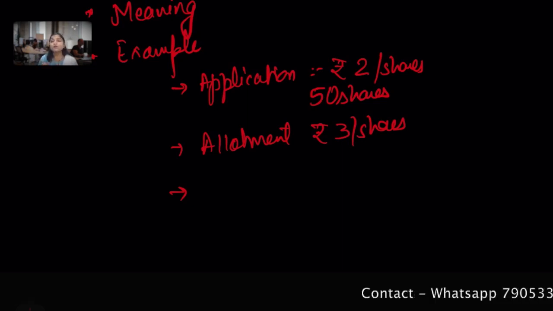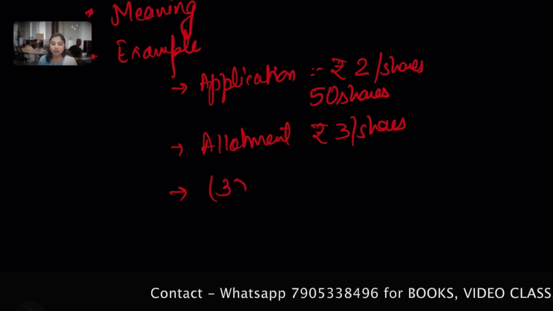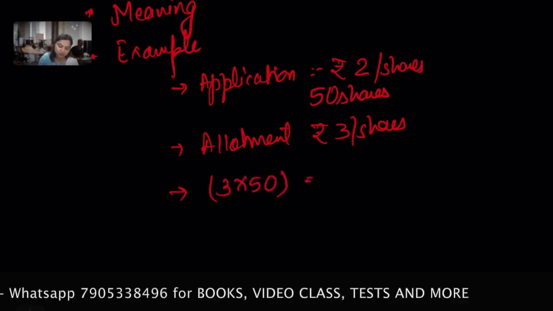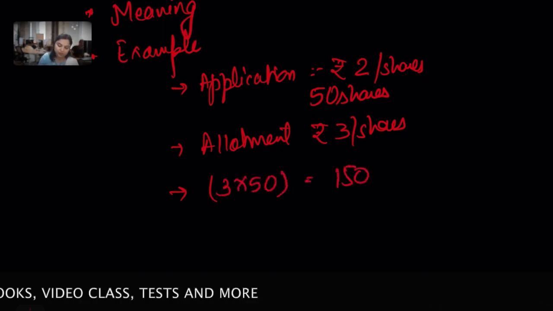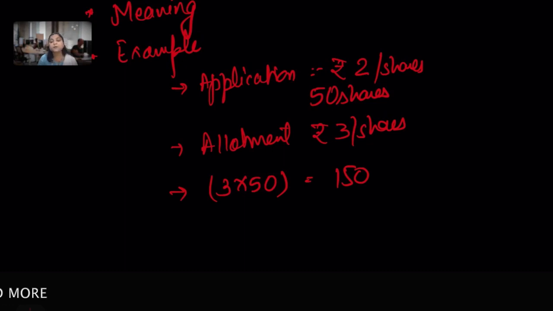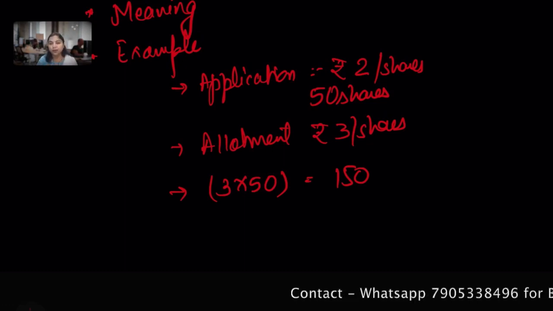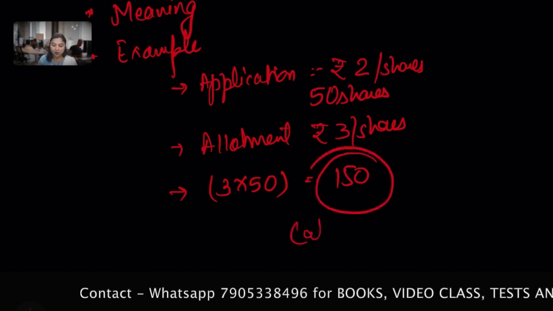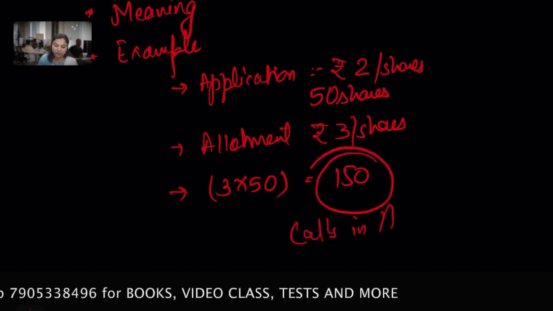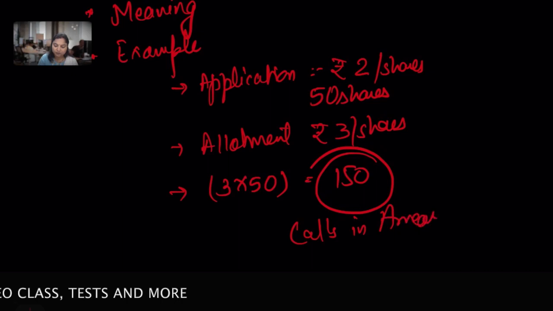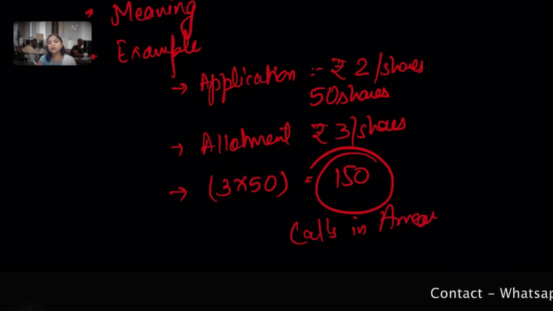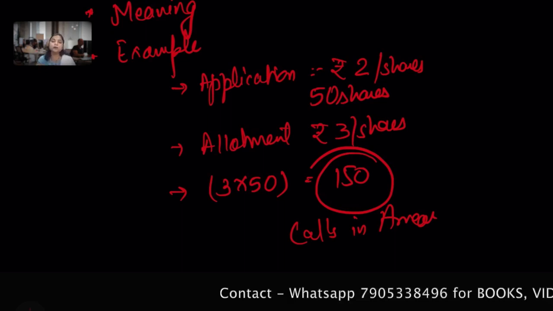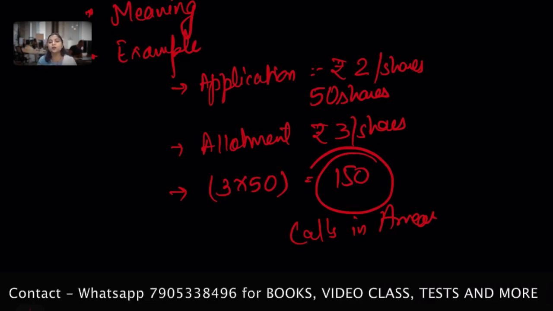Then the amount of rupees 3 per share on 50 shares, 3 into 50, that is 150. This amount, which was due on allotment, is called calls in arrear. This is the main purpose, because we have to open this calls in arrear account too.